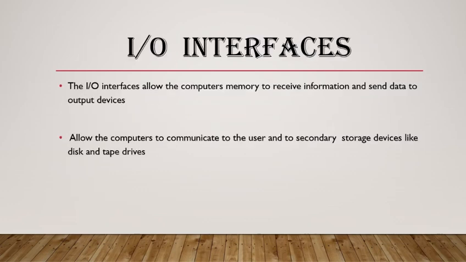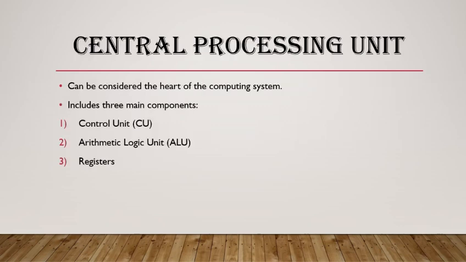Now let's see input and output interfaces. The input and output interfaces allow the computer memory to receive information and send data to output devices. They allow the computer to communicate with the user and with secondary storage devices like disk and tape drives. Now the central processing unit can be considered the heart of the computing system.